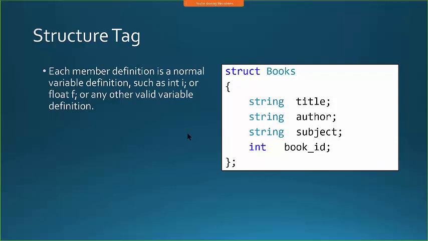It's a structure for how we want to store some data for a particular element. So when we did the books struct, we asked, what do we want to know about a book? We want to know its title, its author, its subject, and its ID. So in order to store that, we create this struct, which says that if you're a book, you will have these 4 elements.